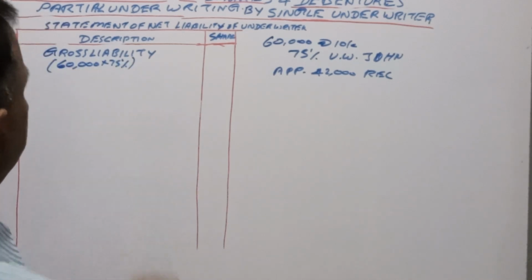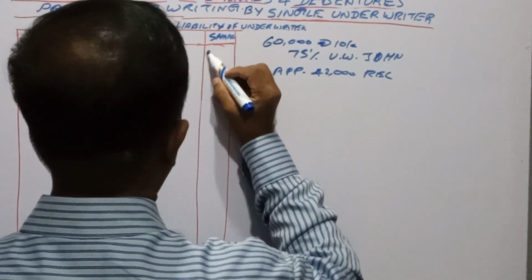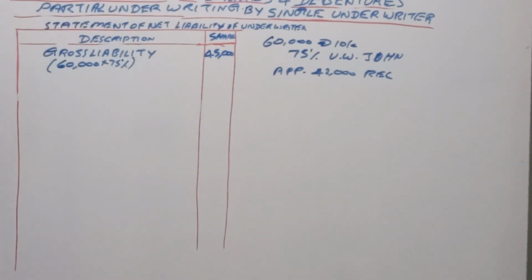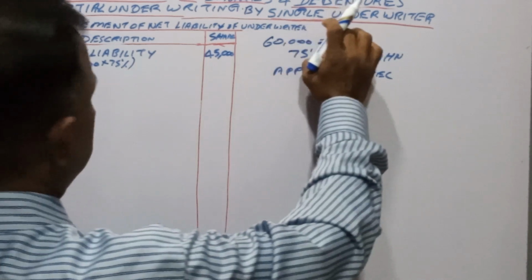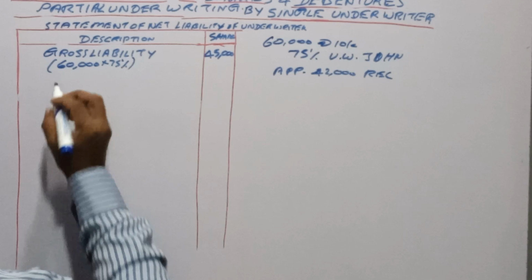This is the gross liability. How much? 60,000 into 75% is 45,000 shares. 45,000 is the gross liability.